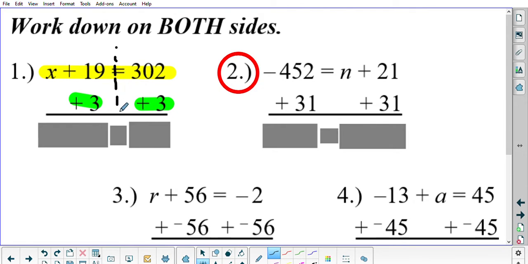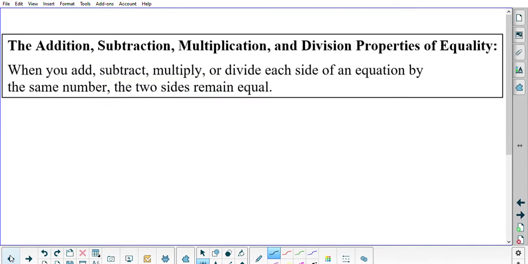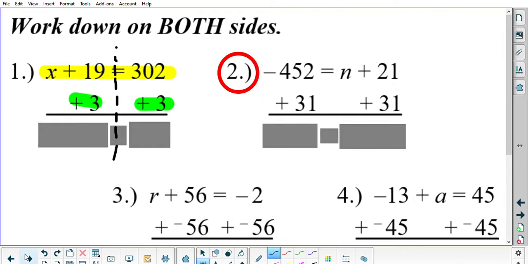It's almost like there's this invisible border going down through the equal sign, separating the left side from the right side. And so, as I just explained from this box, we can pretty much do whatever we want to an equation as long as we do the same thing to both sides, to the left side of the equal sign as we do to the right side of the equal sign.